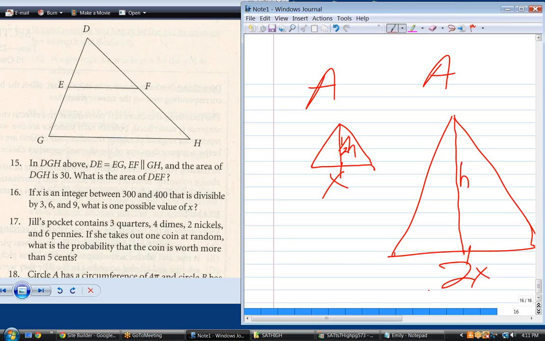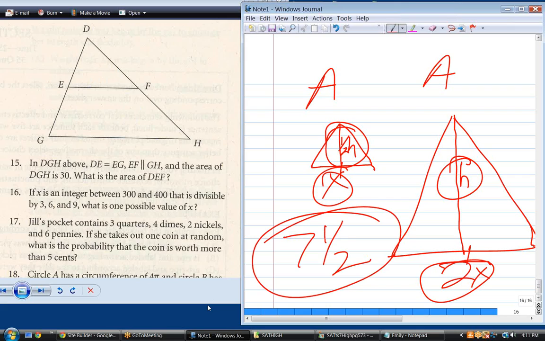So by the time I take this base times this height relative to this base times this height, it's 4 times. So the area of the smaller triangle has to be 1/4, because its base is 1/2 this base, and its height is 1/2 this height.